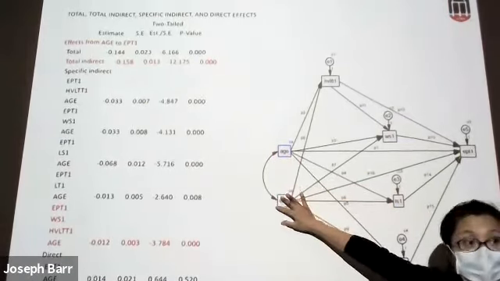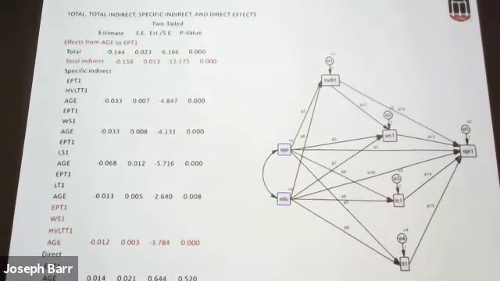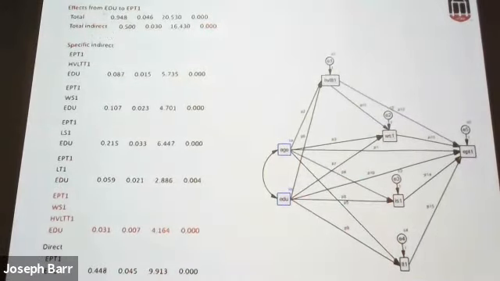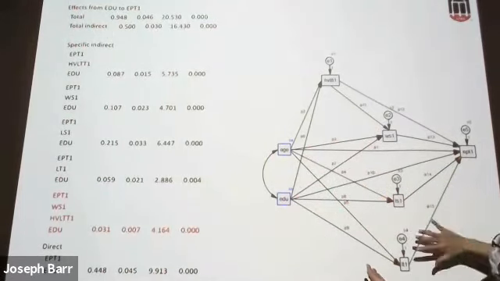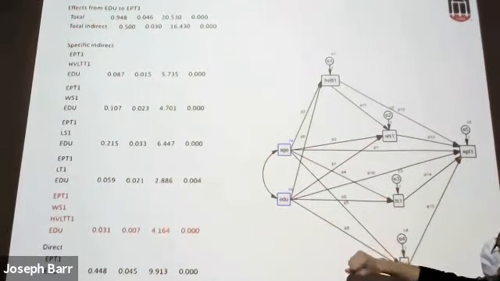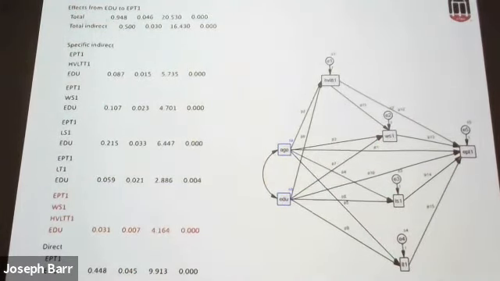We also have the EDU part. From EDU, we also have a lot of mediation. So the next page summarizes the EDU part. From EDU to EPT, we also have a lot of components through those mediators. And we have the total effects. This is the total indirect effect from EDU to EPT. And this number is the sum of all of these 5 components. These are specific mediations.